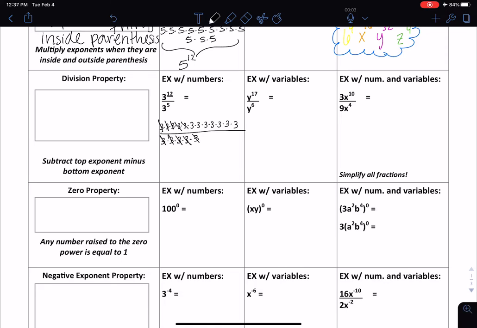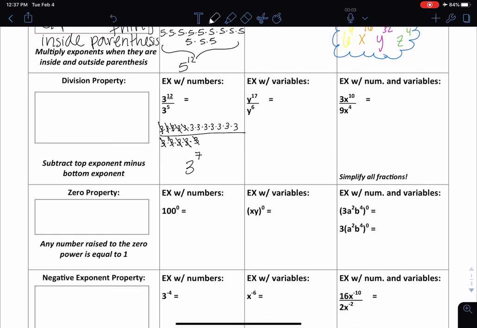And that was my last 3 on the bottom. So now I'm going to count how many 3's I have. I have 1, 2, 3, 4, 5, 6, 7 3's. And since those 3's were on the top, I can just write 3 to the 7th power as my answer. And since there's no 3's on the bottom, it technically has a 1 on the denominator. So really it's just 3 to the 7th, like this.